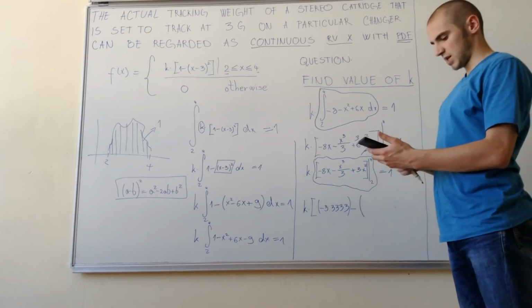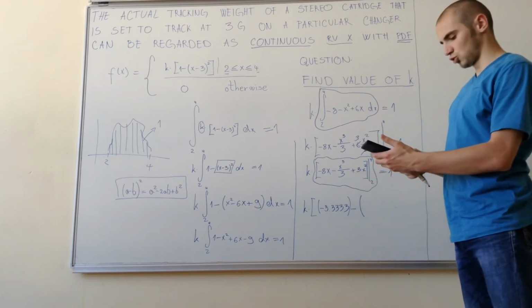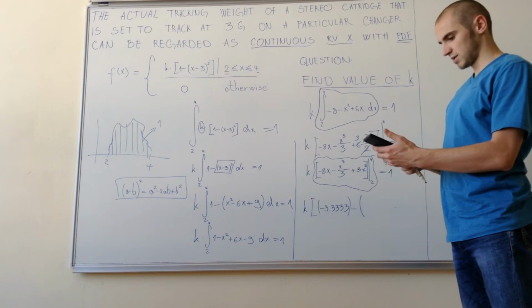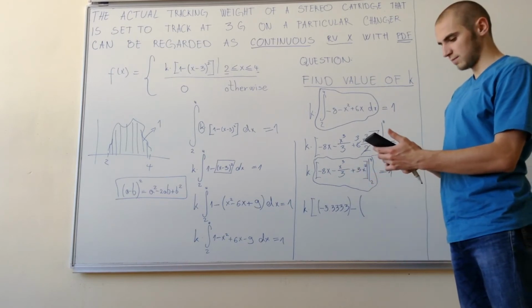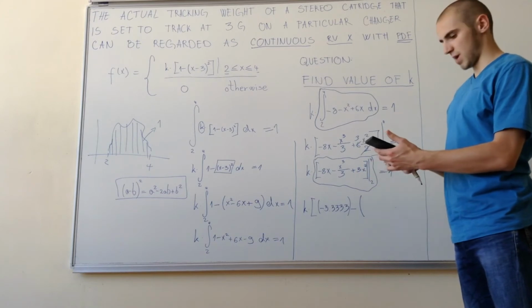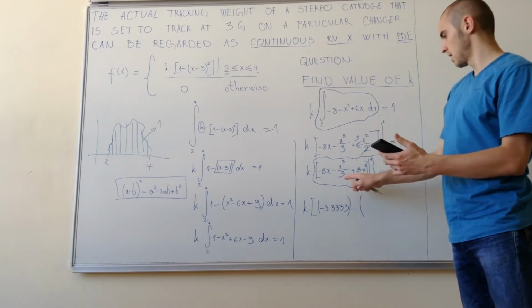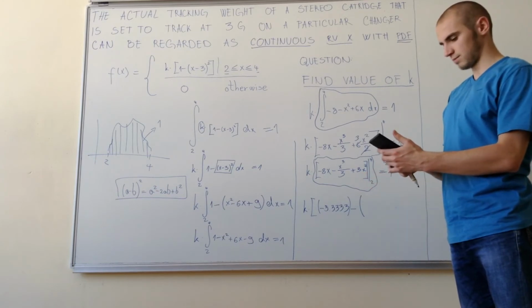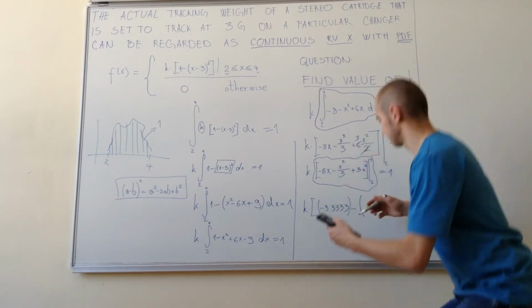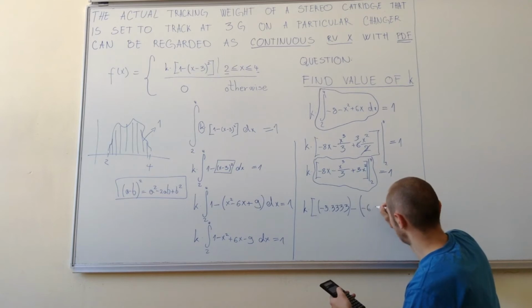So again, minus 8 times 2, minus x cubed, which is 2 cubed actually, divided by 3, and then plus 3 times 2 squared. And it is minus 6.66666.